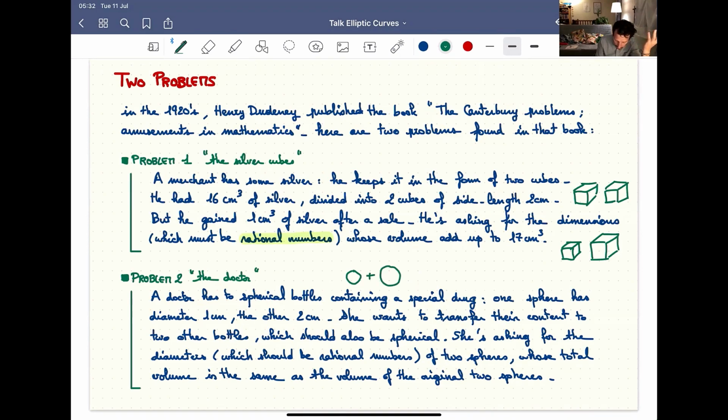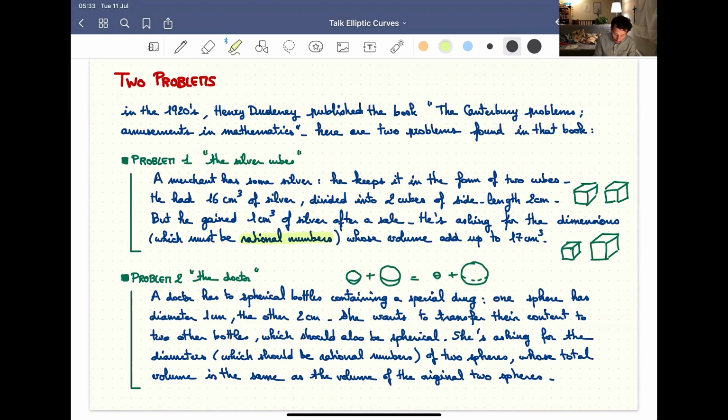transfer the content of those spheres into two new spheres containing the same volume of the drug. She's asking as well for the diameters of those spheres, so that the two new spheres contain the whole volume of the drug, and the dimensions should be different.